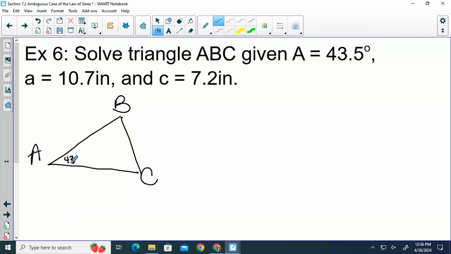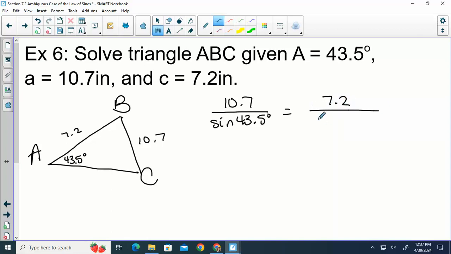So angle A is 43.5, side A 10.7, side C 7.2. Start out. A over the sine of A equals C over the sine of C. Cross multiply.